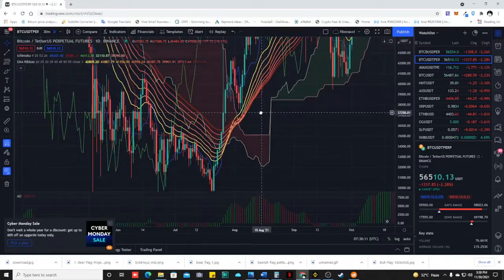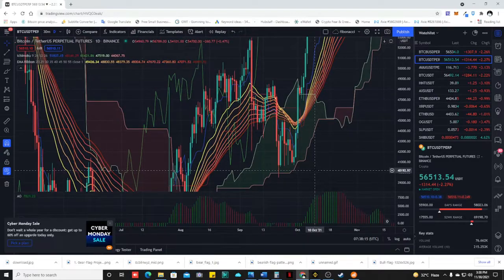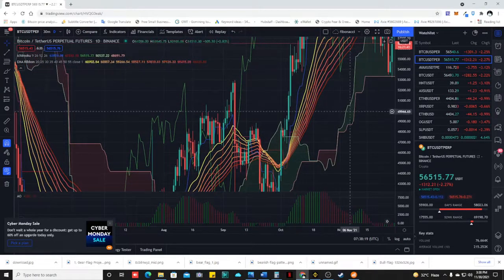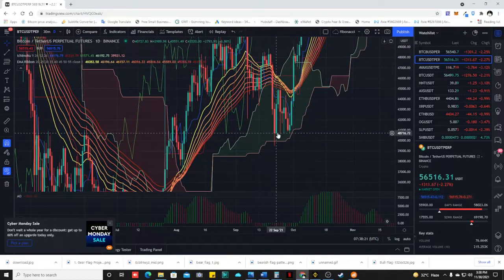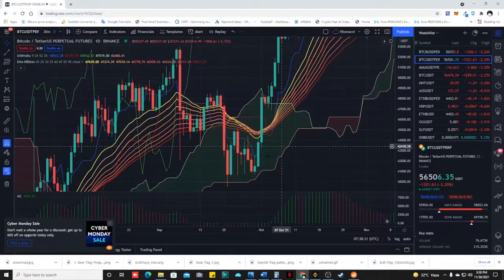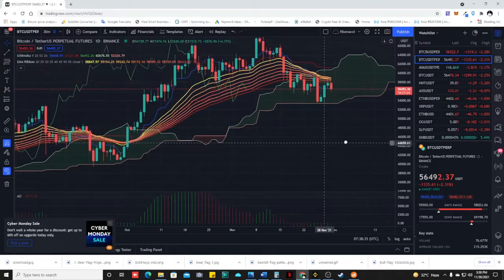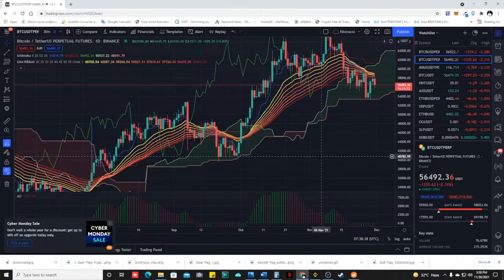So the strong support, this is a strong support at 40,000. Once it touched, it bounced back again. This was tested so many times: 1, 2, 3, 4, 5, 6, 7. Seven times it was tested and it is so strong. This is the power of the Ichimoku cloud. So it's a signal, then it went up. That's how the Ichimoku cloud works.